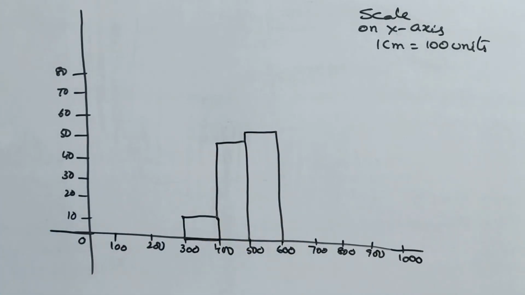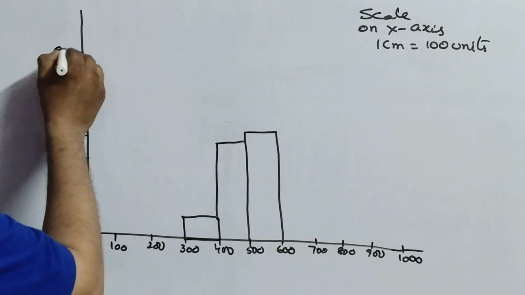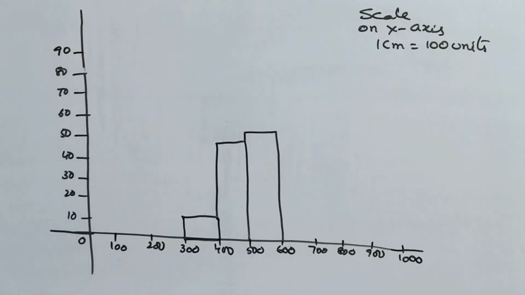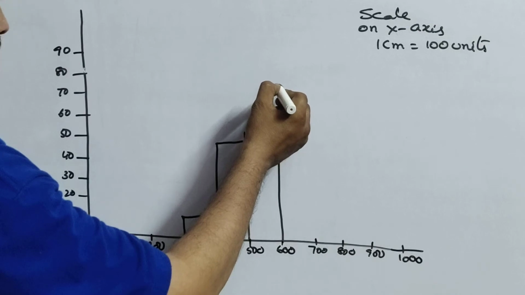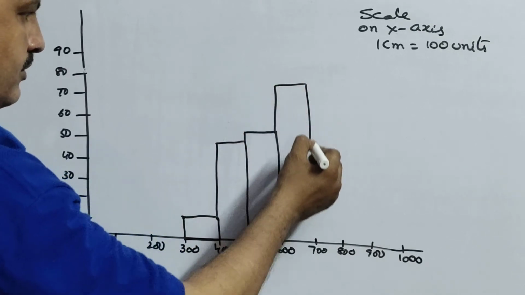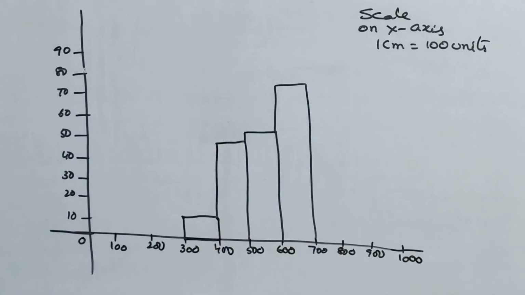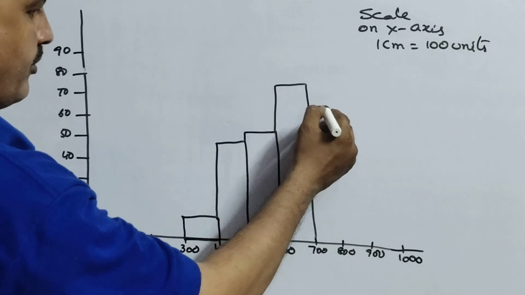Next, 86. That means we have to draw one more line, that is 90. So 86 means up to here. Just roughly I am drawing here. Next, 74, so roughly here.